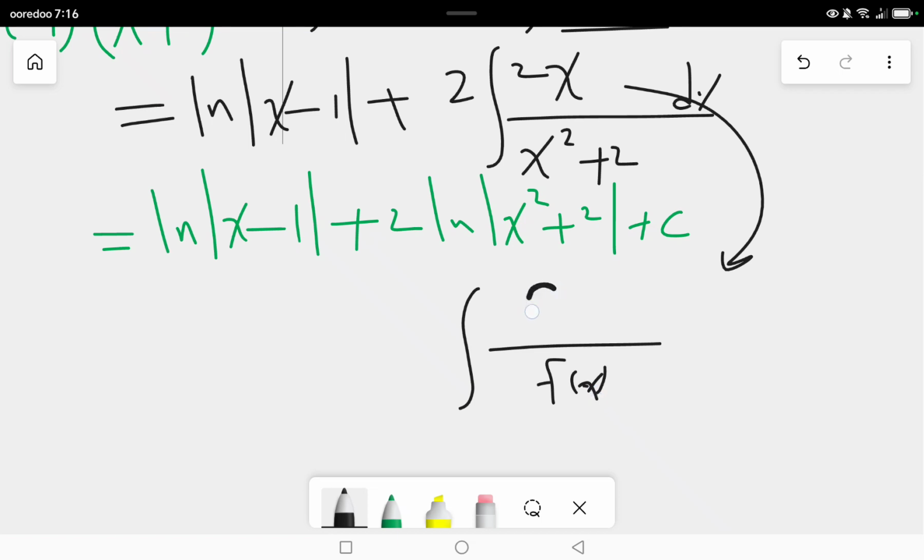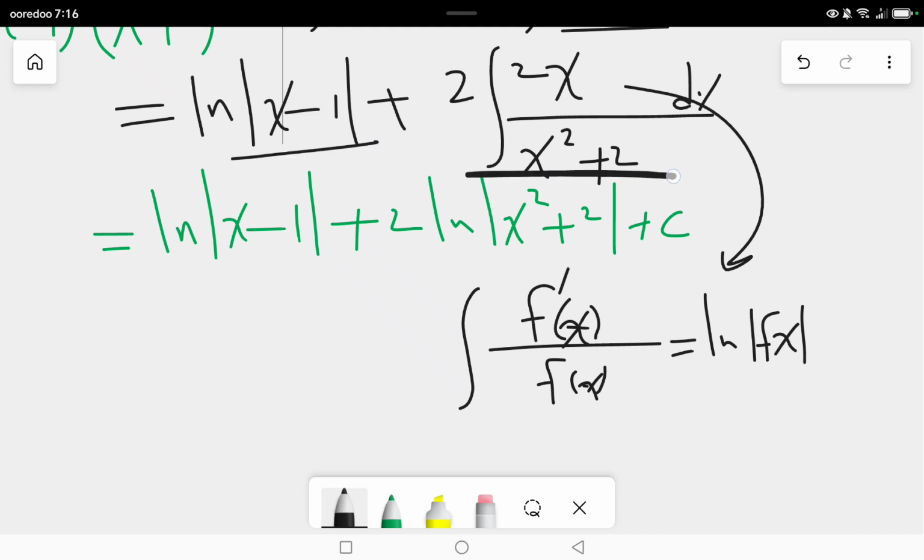If you have the derivative f dash x up in the numerator and f of x in the denominator, you can directly write ln of f x. In the first one I wrote the same thing, and in the second one I wrote the same thing, because for x square plus 2 the derivative is up: x square gives 2x, and 2 gives 0, because the derivative of a number is 0. I hope it is clear for you.